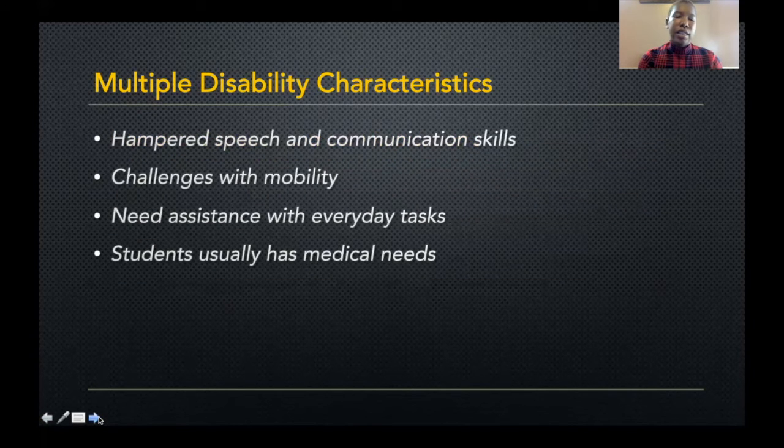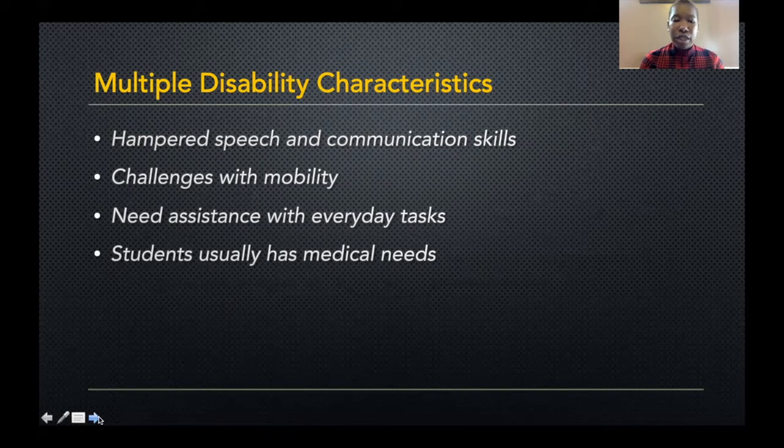The characteristics may include, and again, this may vary depending on the array of multiple disabilities that any one student may have. Again, that varies, but these are just some general characteristics that you may or may not see, but mostly these are the common ones.